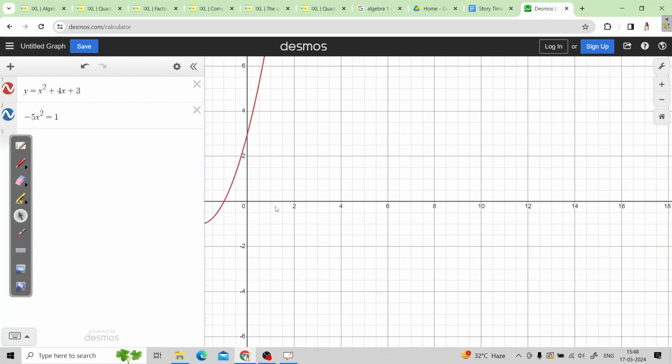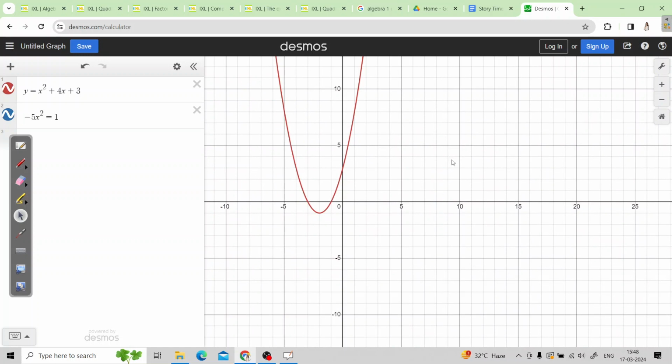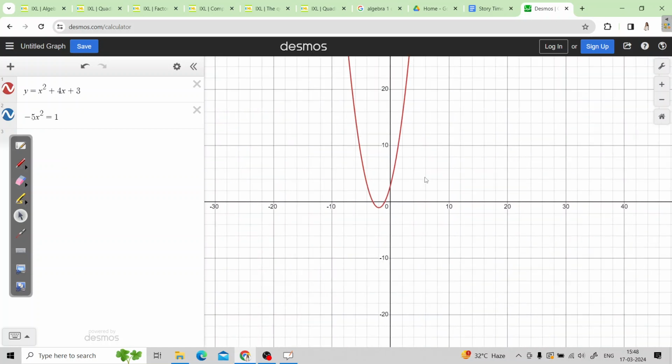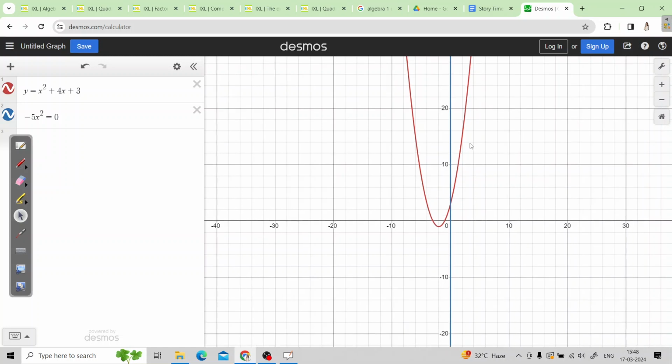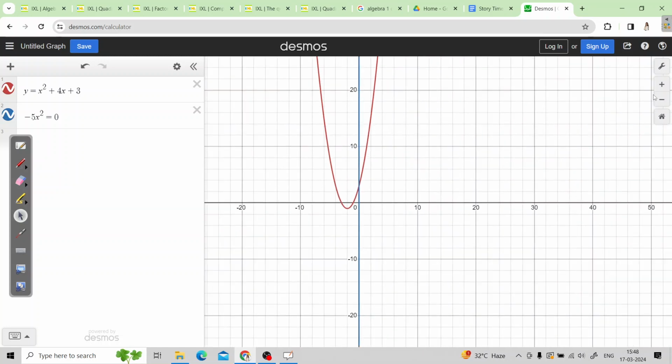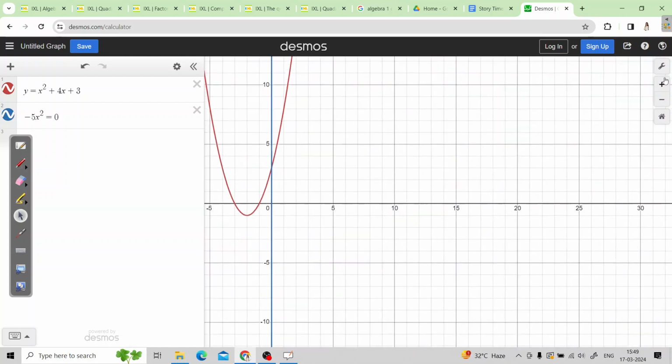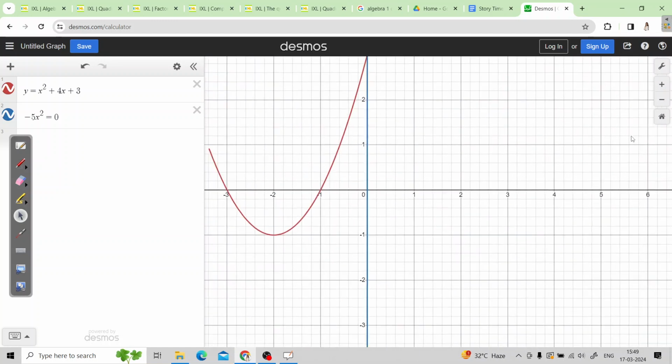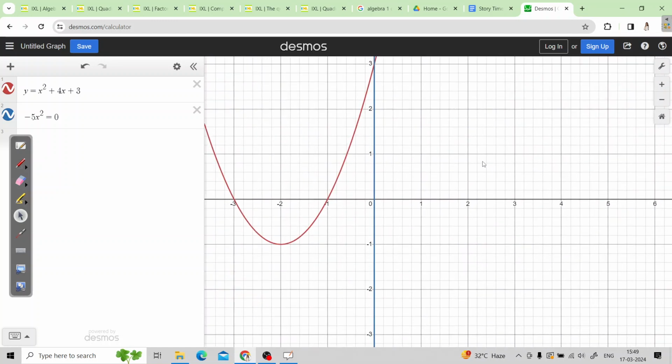Wait, where is the graph? I think we need to zoom in. Oh, I'm sorry, my bad. So this will be y equals.